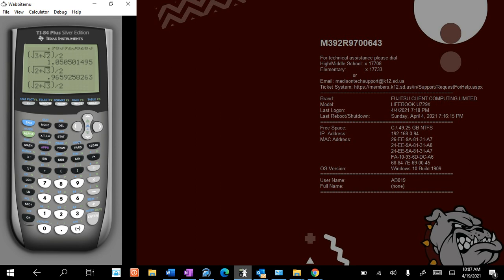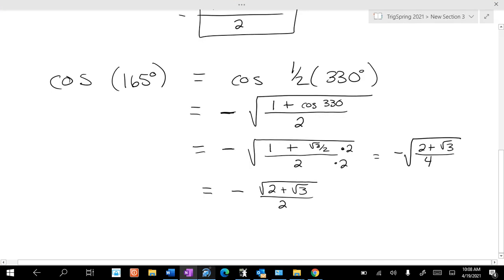So I take this, and I have a negative in front, which is negative of that. And then if I take the cosine of 165, it is that. Just a way to check your answers. Okay? All right. So that's a cosine one.